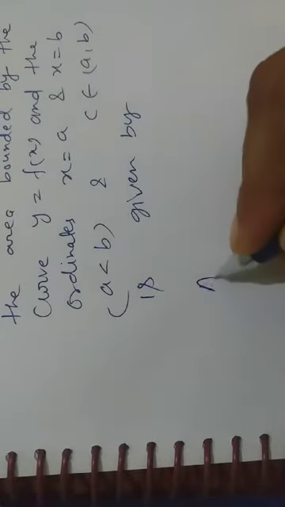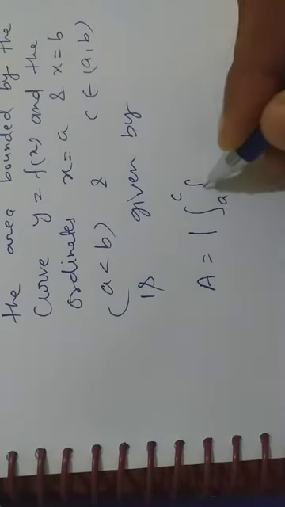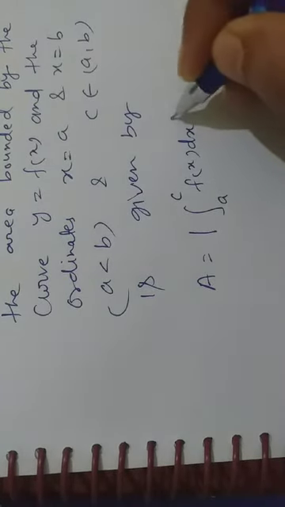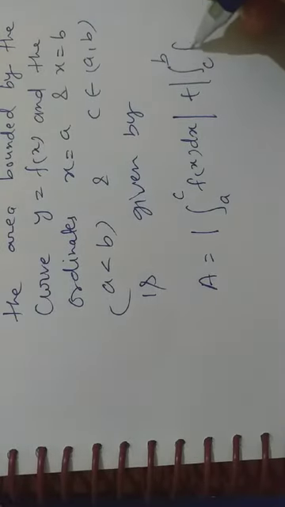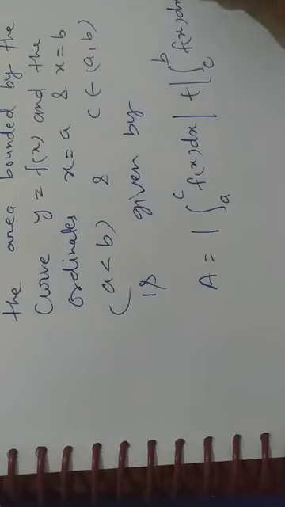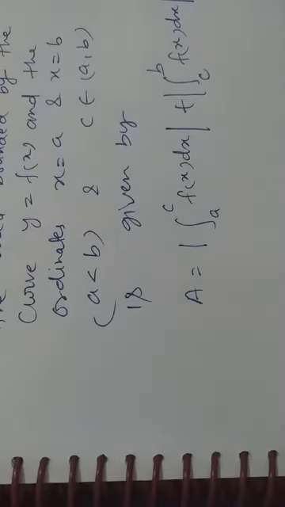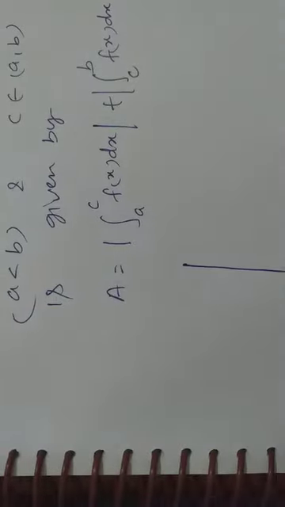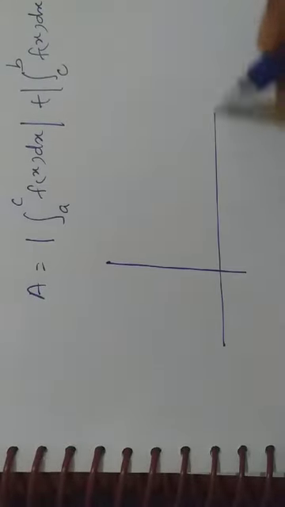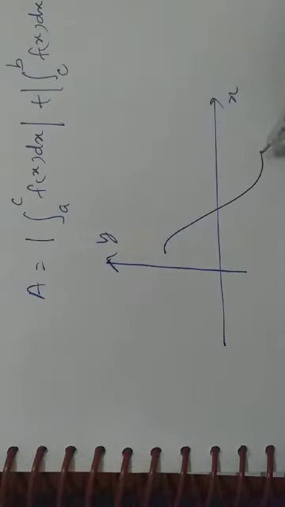A is equal to mod of integral a to c f(x) dx plus mod of integral c to b f(x) dx. This is the value. Dear students, we can see this by figure. Suppose this is the y-axis and this is the x-axis, and there is a curve like this.